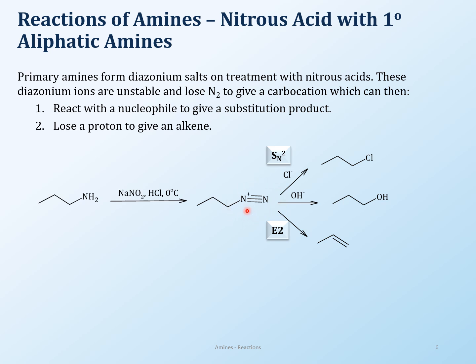So N2. Now, when you have this N2 here, this is an excellent leaving group, because that's nitrogen, it's just ready to go. How does it go? You can have either an SN2 reaction on this, or you can do elimination. Either way, it's going to go away.